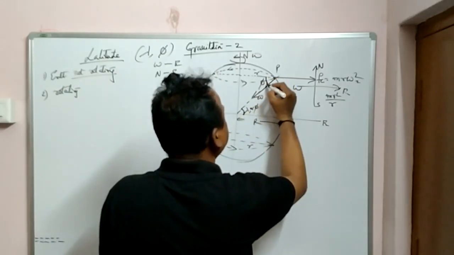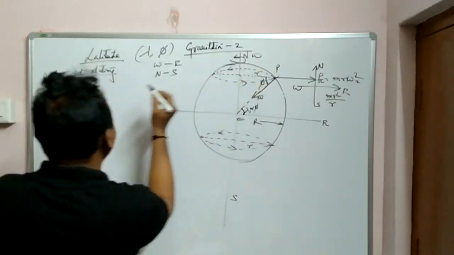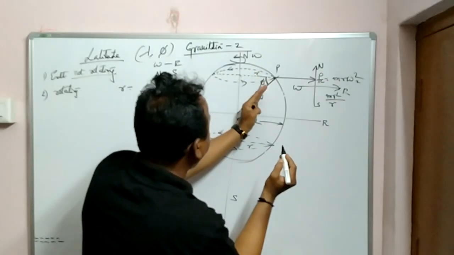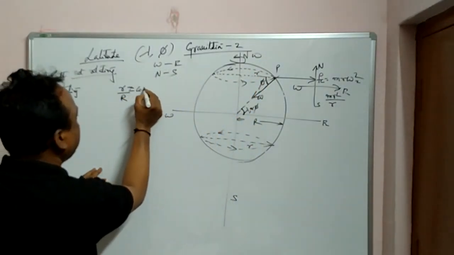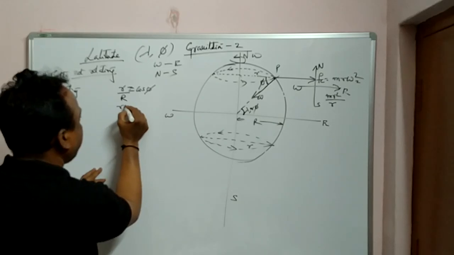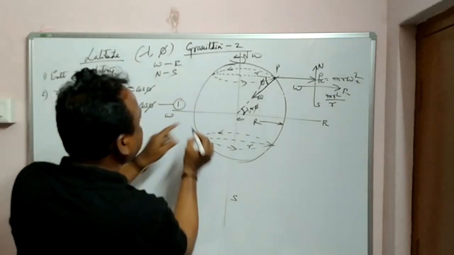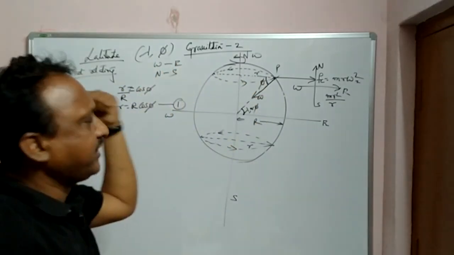So small r is adjacent by hypotenuse: r by capital R is equal to cos phi, or small r is equal to R cos phi, equation 1. This is the radius of the circle at the point P at latitude phi.